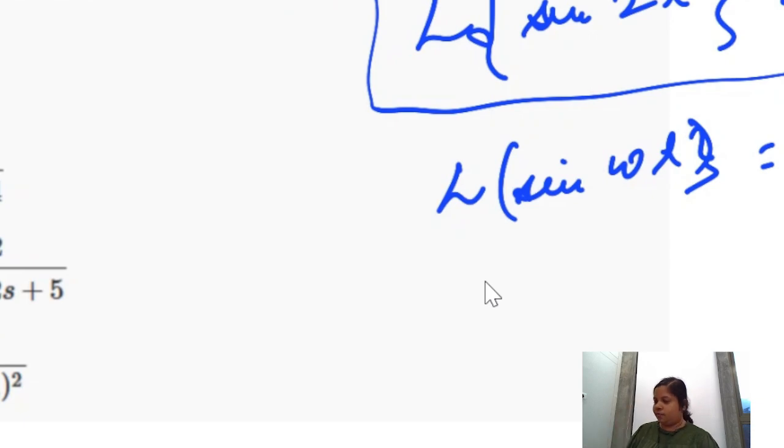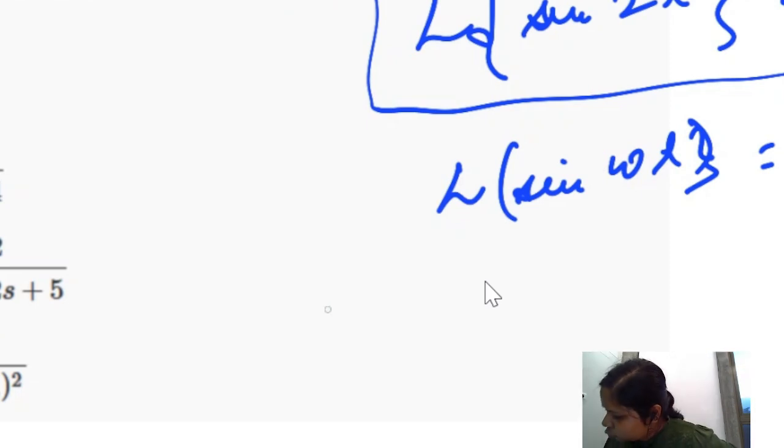You can see the table, and these are essential transforms. You can practice their derivation, but each time you won't be able to derive and use them. So you should have some of these in mind: what sin 2t gives, what cos 2t gives, what happens on integration, what happens on differentiation, then what happens if t is multiplied. There are some very basic things in the table, and try to memorize them. It would be of much help to you.